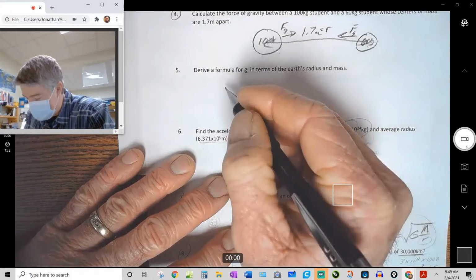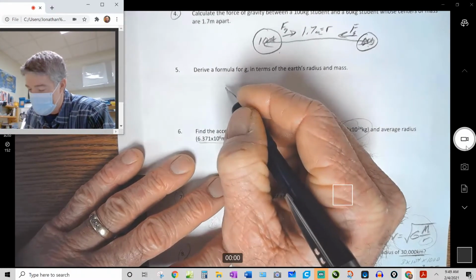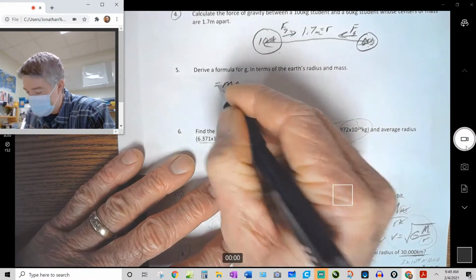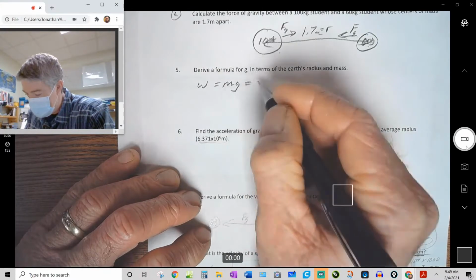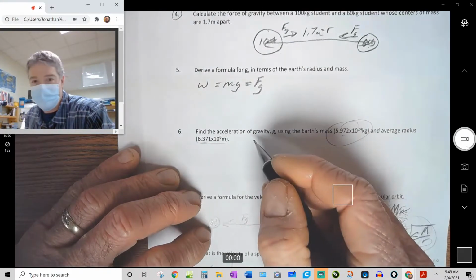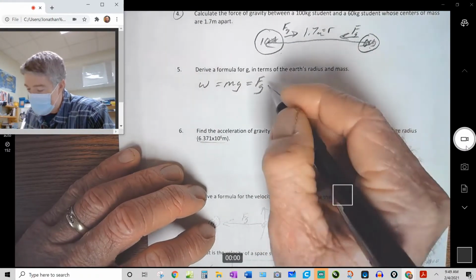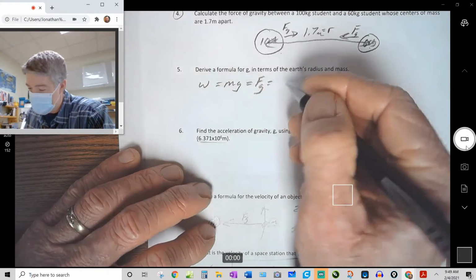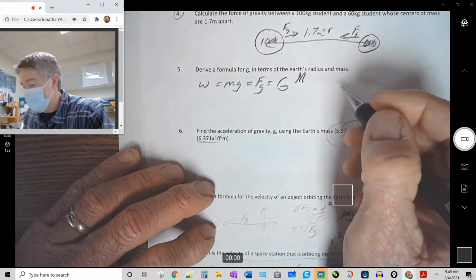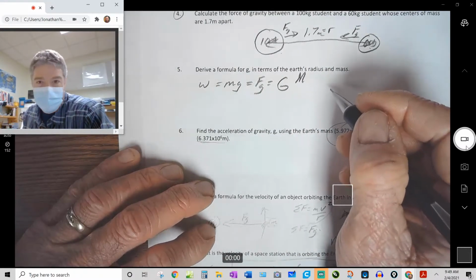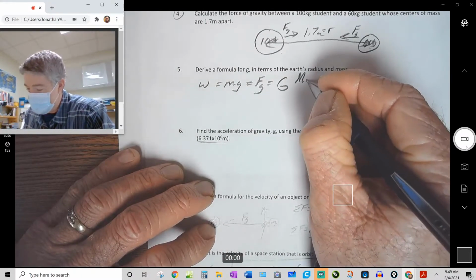So weight is the force of gravity. I'm just going to write weight equals mg equals the force of gravity. So that's what weight is. And we've got a new way of expressing the force of gravity. We can call it big G times the mass of one mass that's accounting for this gravitational pull times the other mass.